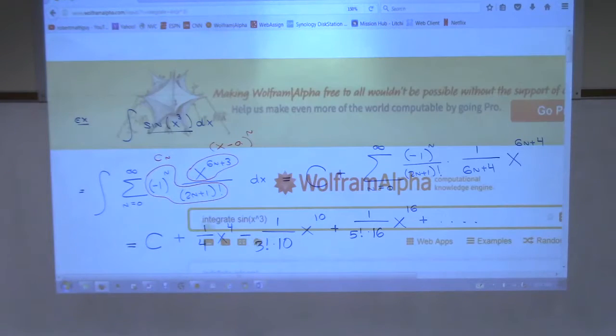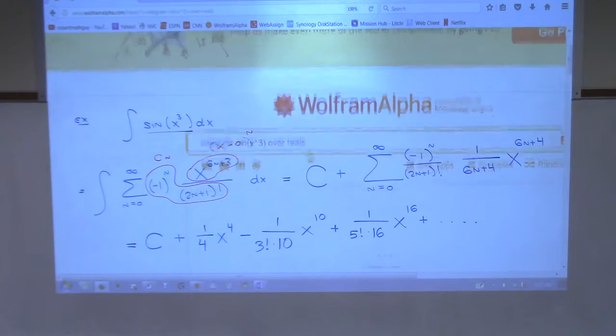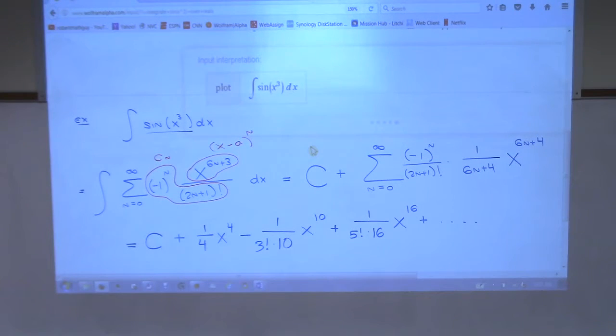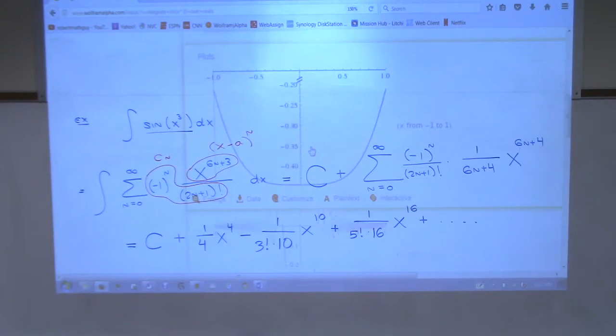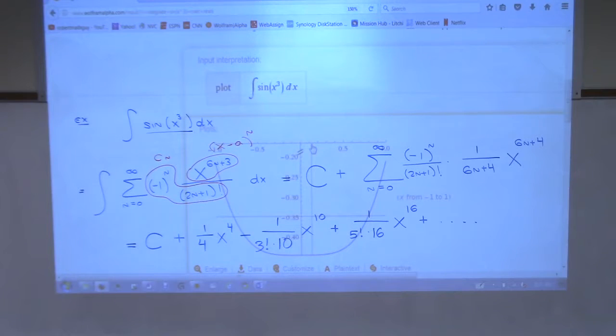Now I wonder what would happen if I type in here over reals. That means Wolfram Alpha is only allowed to treat x as a real number. That still gives me imaginary. Okay, well, no, hold on. It didn't this time, you see that?